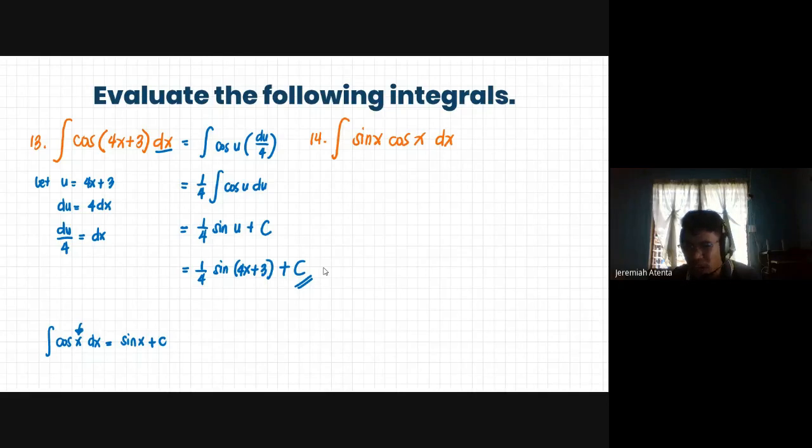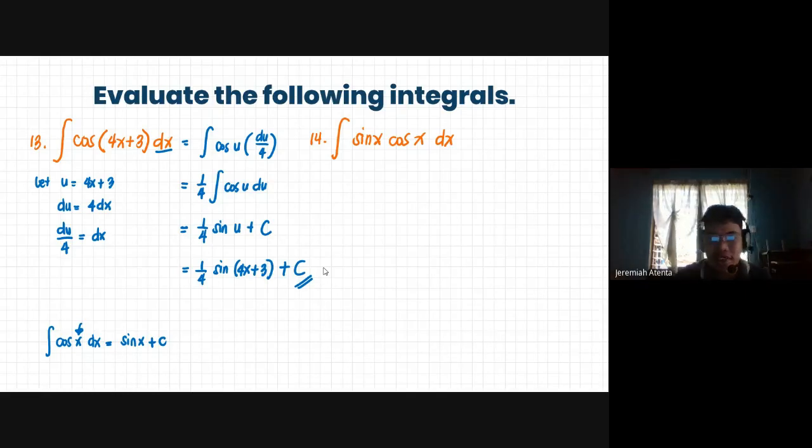Unsay negative cosine? Nico. Unsa man na? Okay. Sige. Namali pa jud. Late pa. Mali pa jud. Okay.